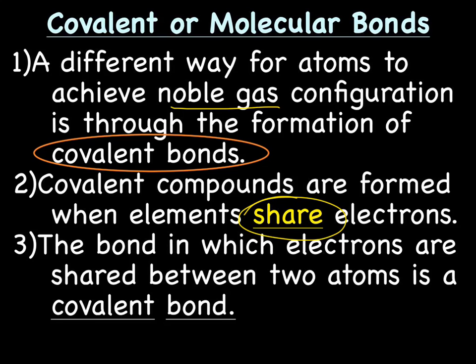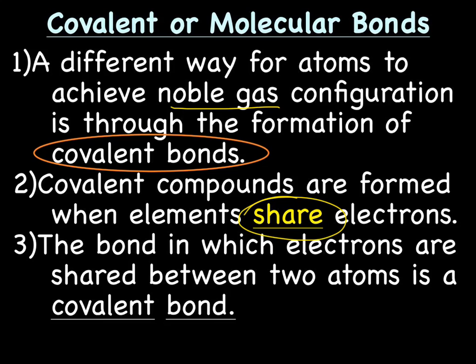Okay, so with an ionic bond, you've got the situation where one atom steals an electron from another, leaving one positive, one negative, right? In this case, we've got a covalent compound. What happens is two atoms are trying to hold on to the same electron. So they're sharing one electron, okay?